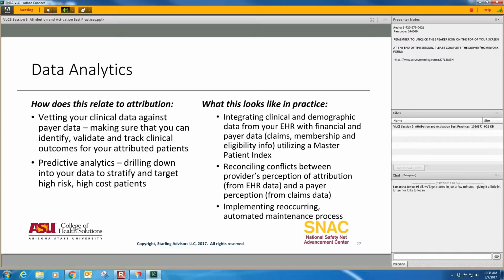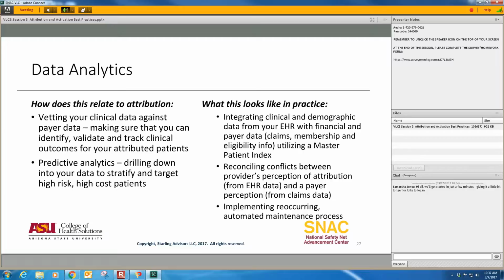Your big challenge is going to be vetting your clinical data against payer data, so making sure that you can identify, validate, and track clinical outcomes for the patients that are attributed to you by your payers. And then drilling down into that information to risk stratify, to target high-risk, high-cost groups, and to track your performance over time.